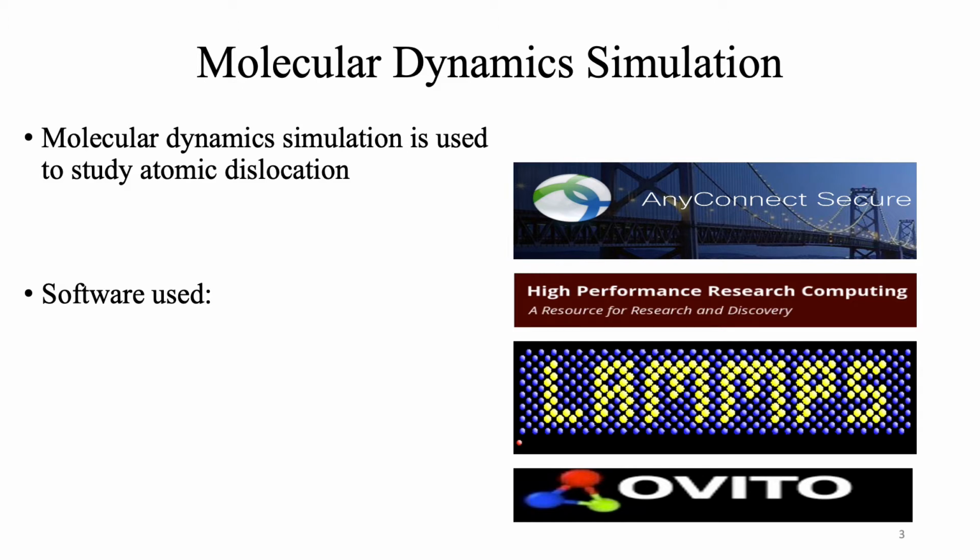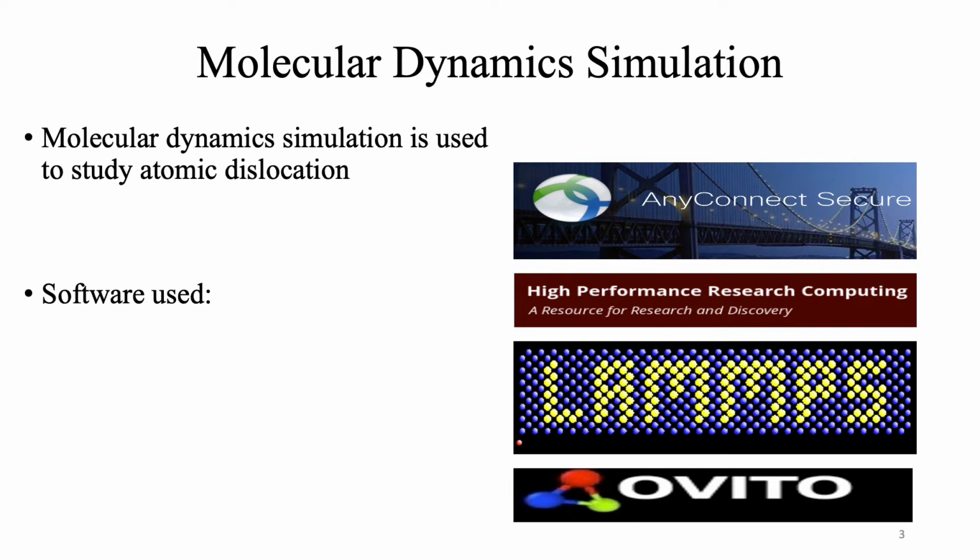In this research, many software are used, such as Cisco AnyConnect, which is a secured VPN software used before connecting to the Texas A&M High Performance Research Computing, also known as HPRC. And it is an open source web platform through which users can access HPC clusters and services with a web browser.